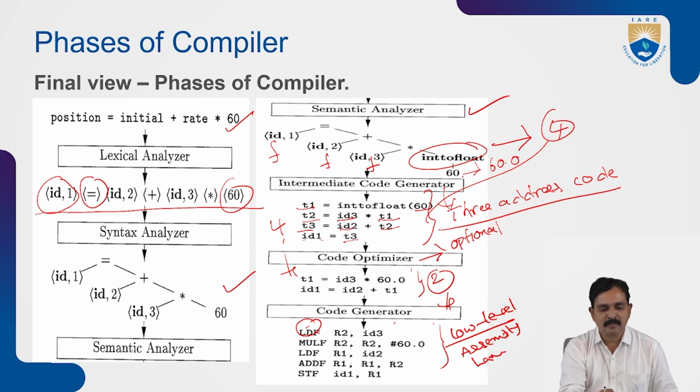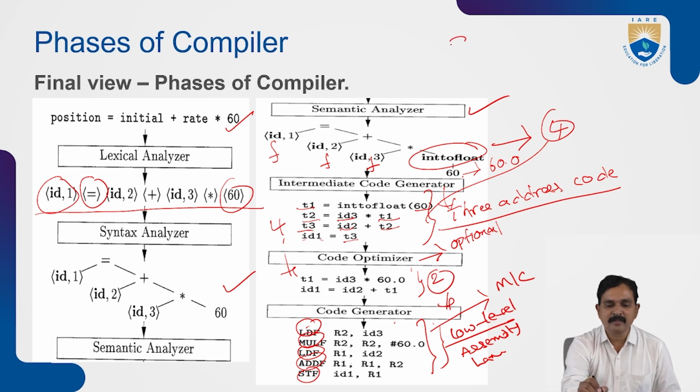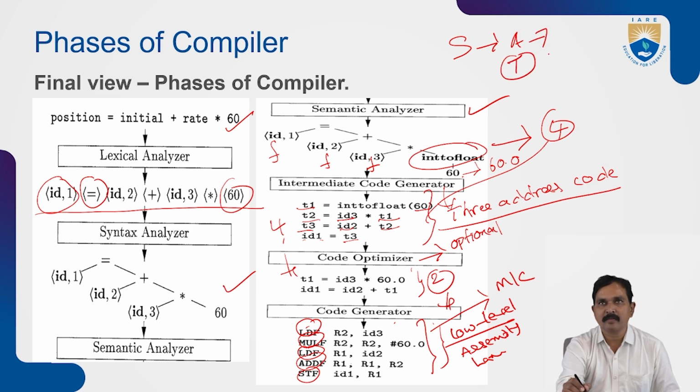So here some instructions are given. These instructions are understandable by the machine only. The assembler is also a kind of translator like the compiler. It converts this assembly language code into machine code. So finally, the given source code is converted into assembly language target code, and this target code is converted again into machine code.